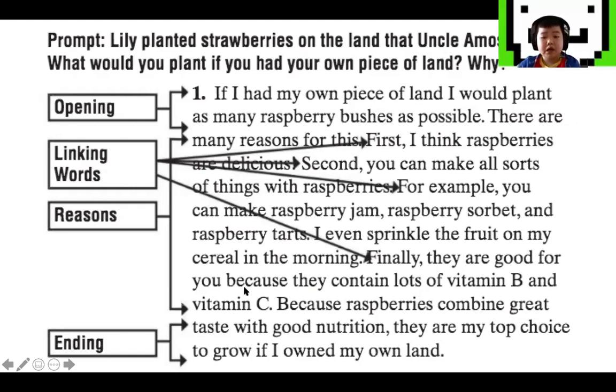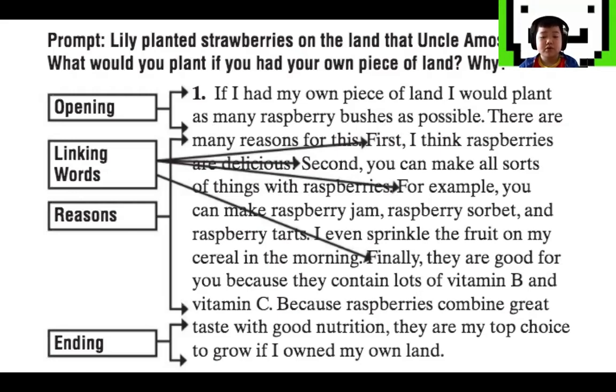If I had my own piece of land, I would plant as many raspberry bushes as possible. There are many reasons for this. First, I think raspberries are delicious. Second, you can make all sorts of things with raspberries.